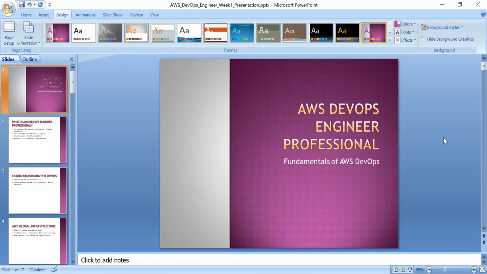Every company needs AWS DevOps because right now all the companies' servers have shifted to the cloud, and bigger companies like Facebook, Google, Instagram are using AWS cloud services.